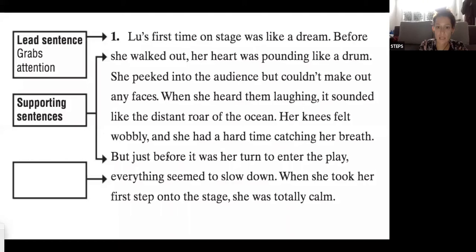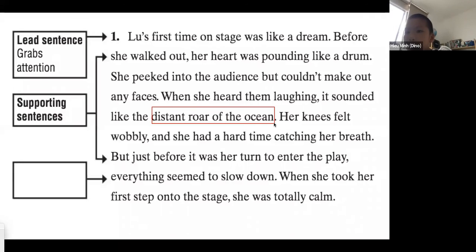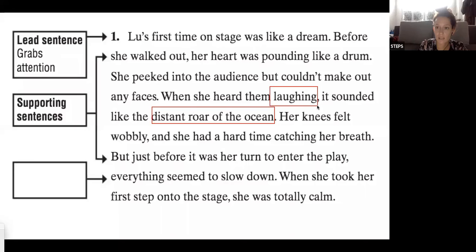Yep, and what does it sound like? The distant roar of the ocean. So the laughing sounds like the distant roar of the ocean. That is also a simile, right? The author is comparing the laughing to the distant roar of the ocean. Good job. P, read to me another supporting sentence, please.